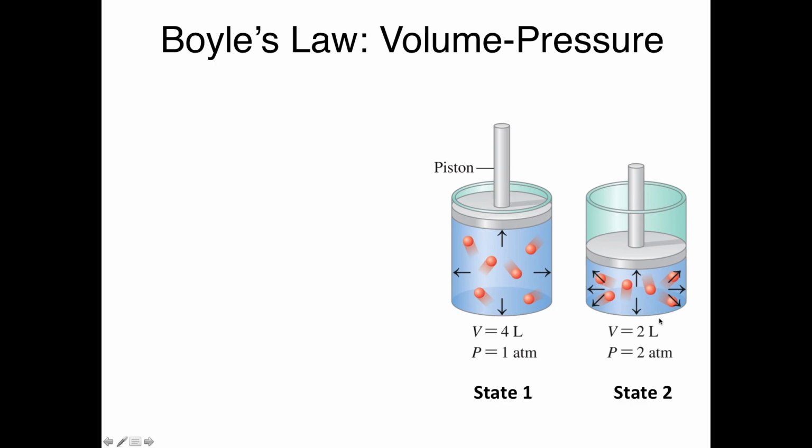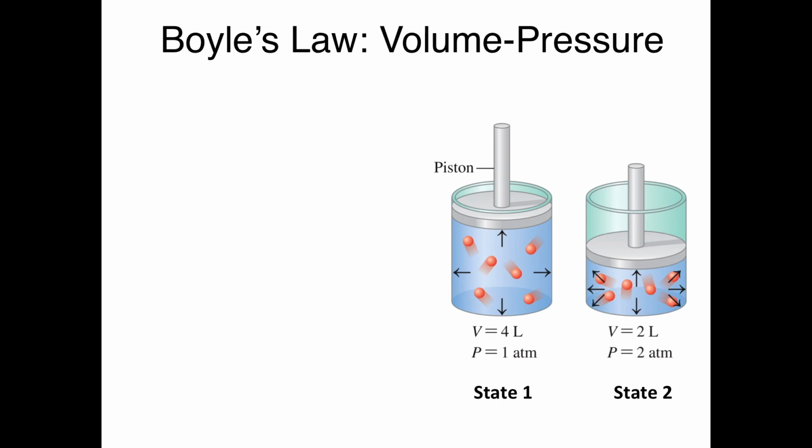Now think about this in kinetic molecular theory. If there is less space, less volume in the container, but the molecules are still bouncing around at the same rate, wouldn't they bounce against the wall at a more frequent rate? They will see the wall much faster than in a larger space. Since they are bouncing against the wall at a faster rate, they exert more force on the wall.